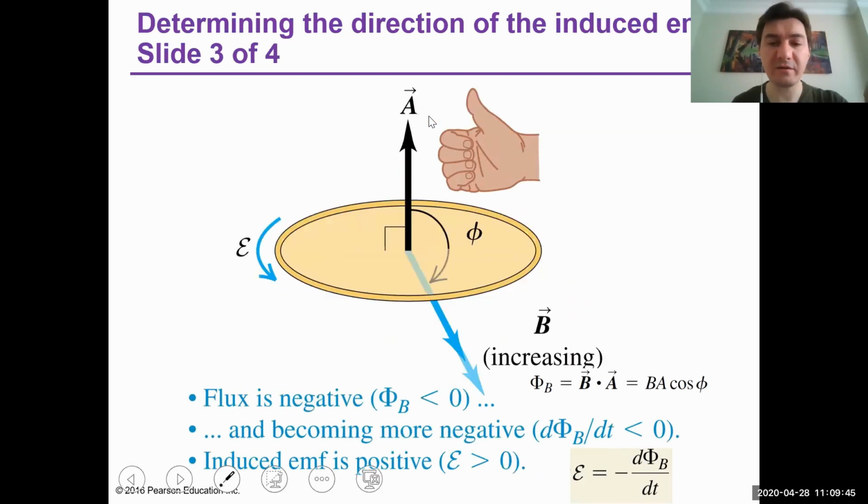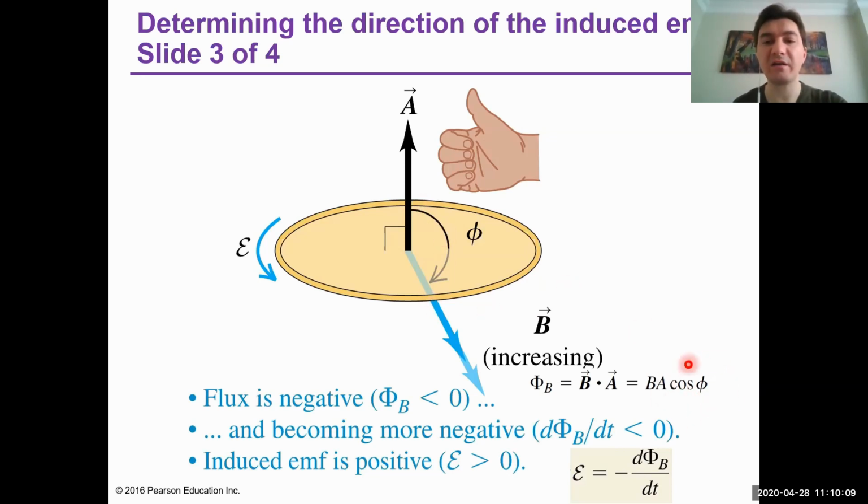Now, the third one. Here, we have phi angle between A and B, and B has a certain magnitude, and it is increasing, okay, you see. So what about the cosine phi in that range?